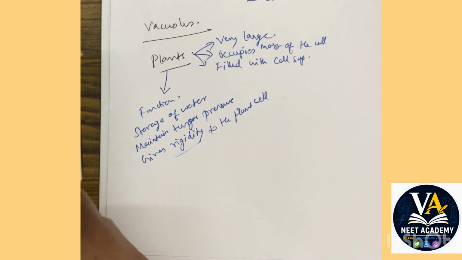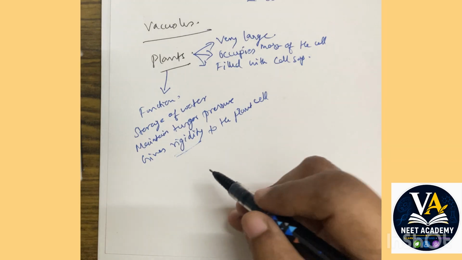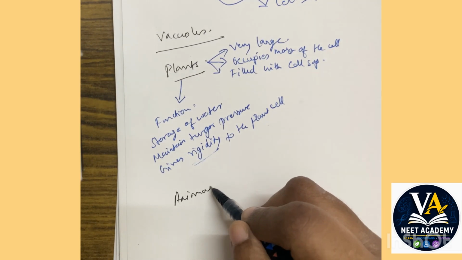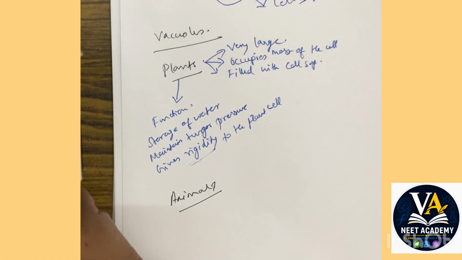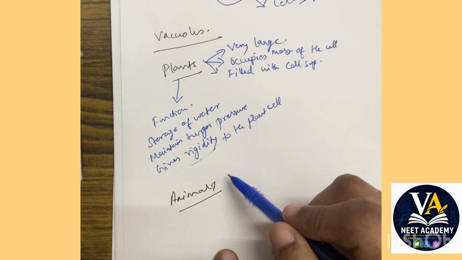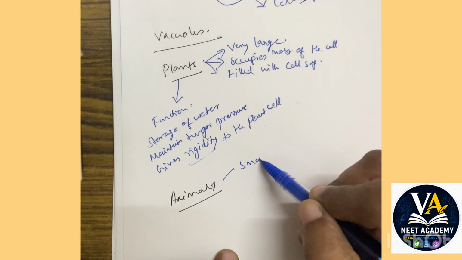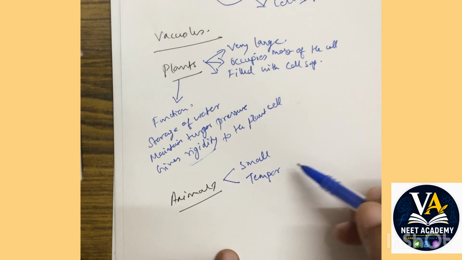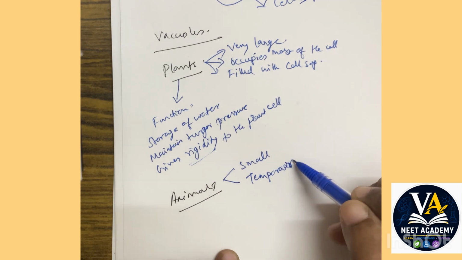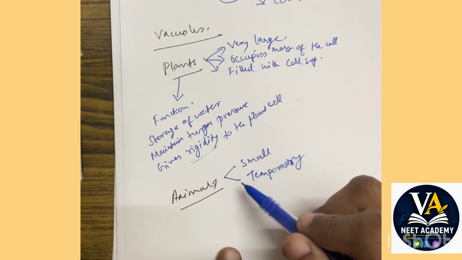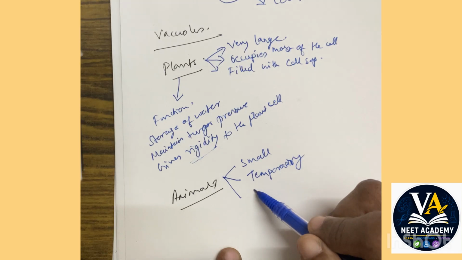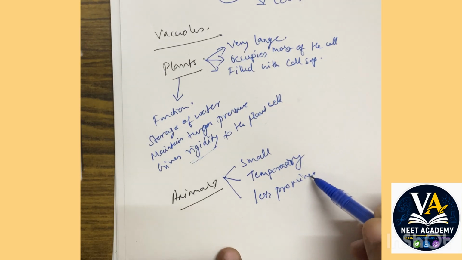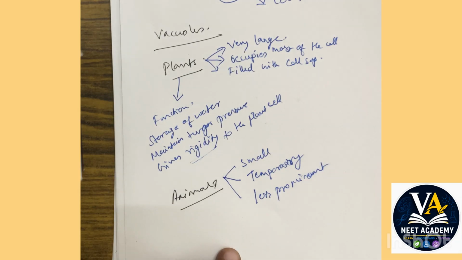Now we will talk about the vacuoles seen in animal cells. Vacuoles seen in animals: their feature is they are small in size, temporary, they do not exist permanently, and less prominent in the cell.